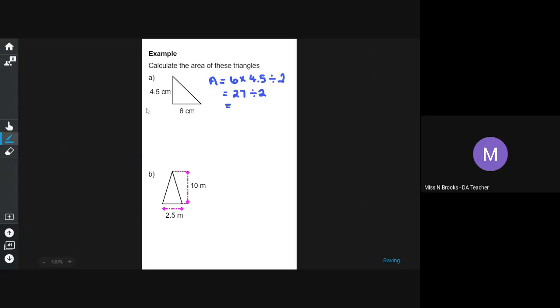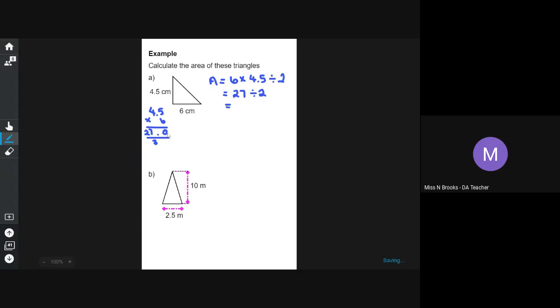Now, if you want, you can set it out in a different format and do your 6 times 5 is 30, carry your 3, put your decimal point in, 6 times 4 is 24, add 3 is 27, because we've only got one decimal point, because there's only one decimal place.